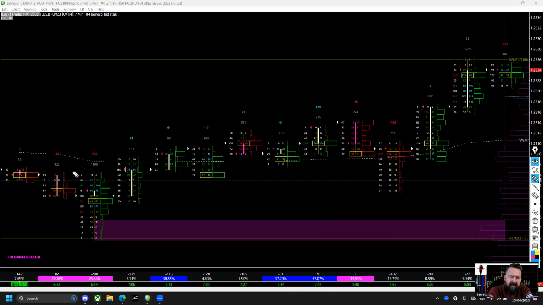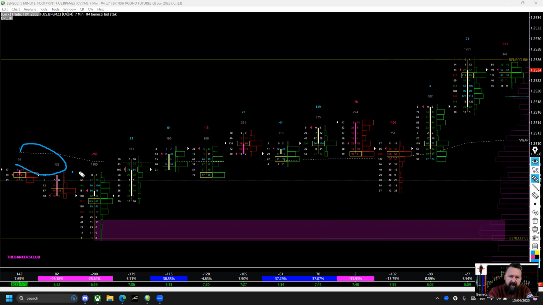Frankfurt open. That stop run is here. You can probably see coming into the area of interest, there is just nothing.